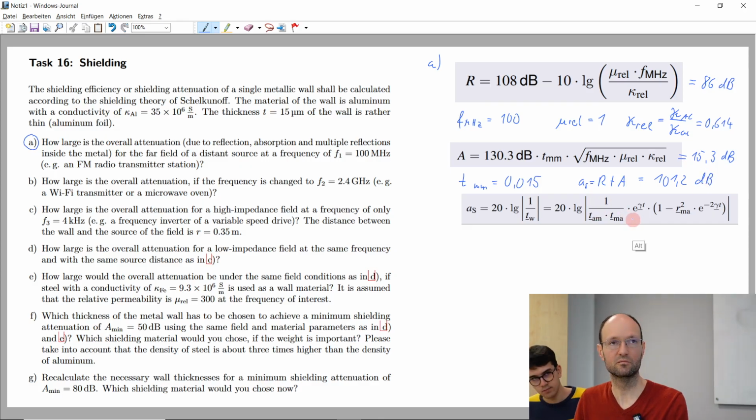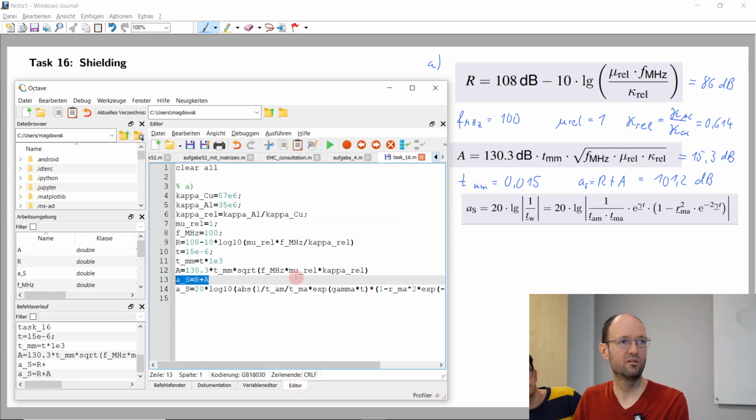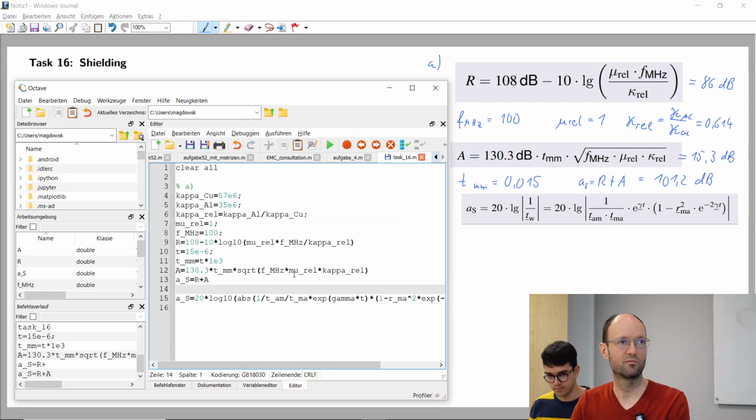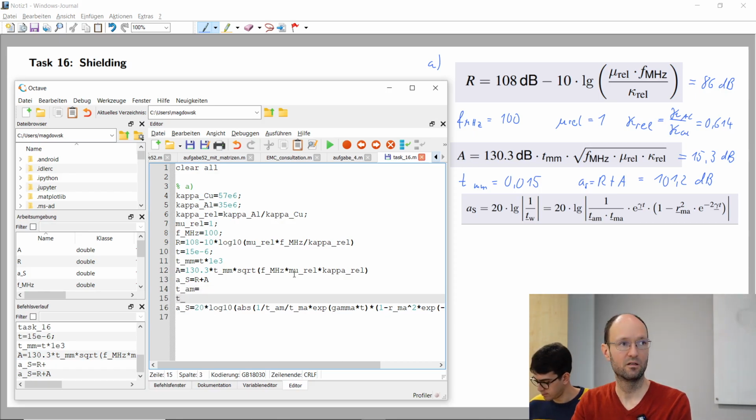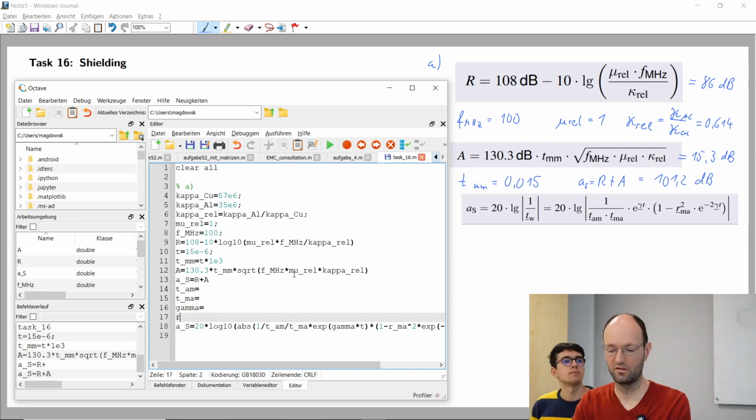For this more exact formula, as we have seen, we need the transmission coefficients, TAM, TMA, gamma, the propagation constant, and the reflection coefficient from metal into air.